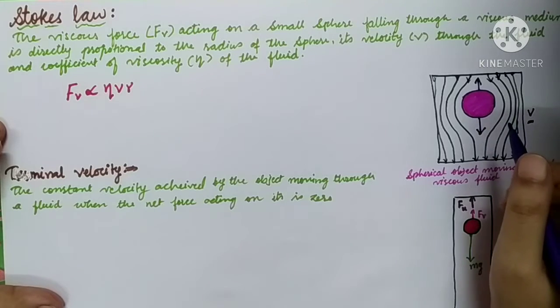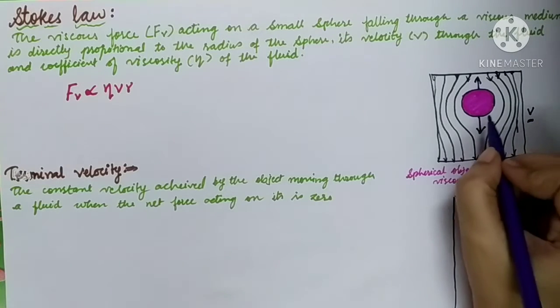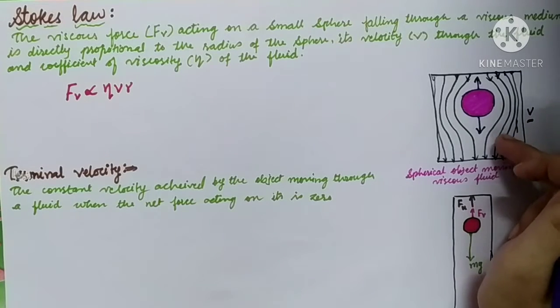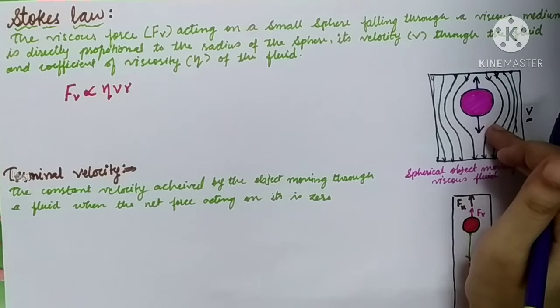Similarly, it also depends on the velocity of the sphere. The greater the velocity with which the sphere is moving, the greater would be the opposition exerted by the liquid layers. It is a matter of fact.